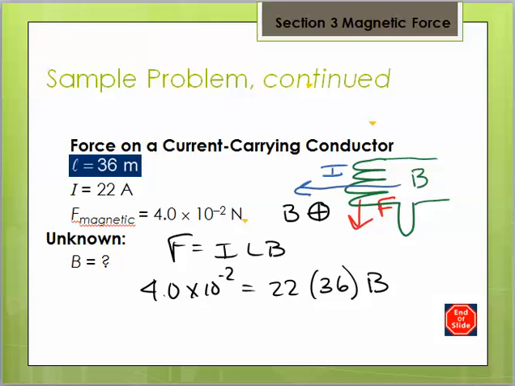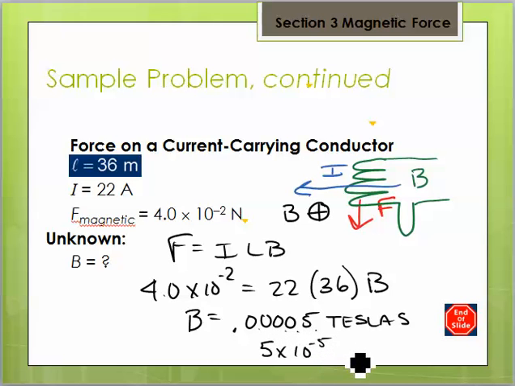Solve for B. B in this case turns out to be 0.00005 Teslas. Or we would write this as 5 times 10 to the negative fifth Teslas is what B is.